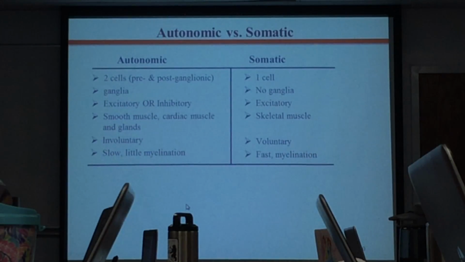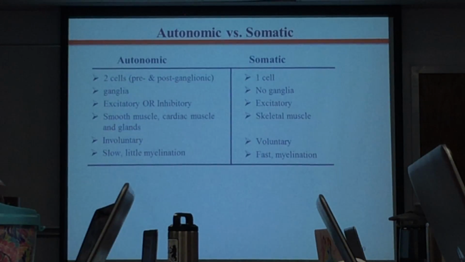Here's a summary of the differences between the autonomic and somatic nervous systems. The autonomic system is a two-cell system with pre- and postganglionic neurons. The somatic is one cell, but both originate from the CNS, the spinal cord or brainstem. The autonomic system has ganglia; somatic does not.